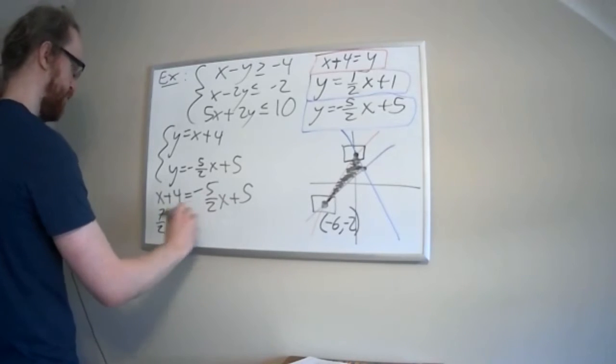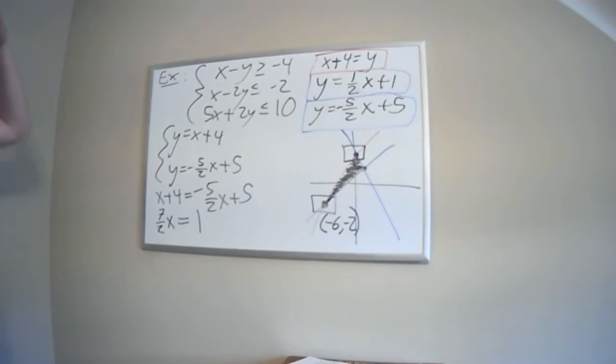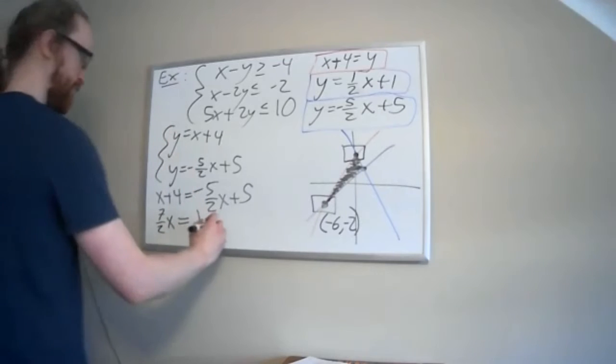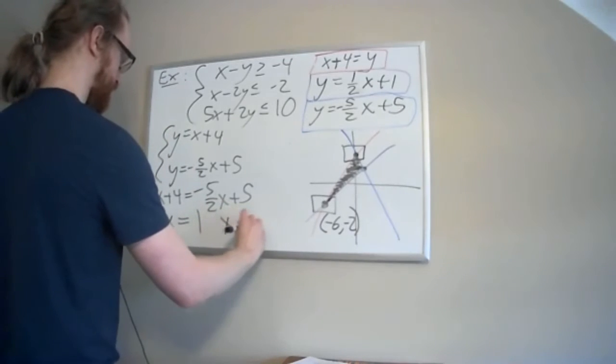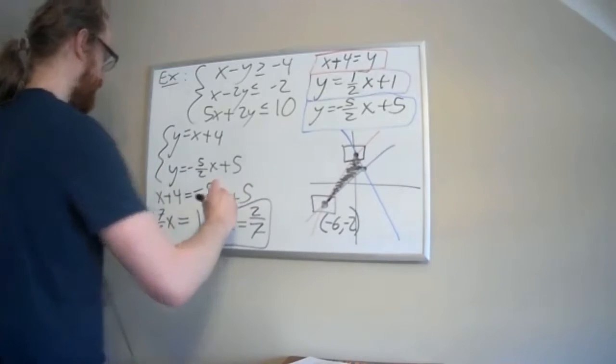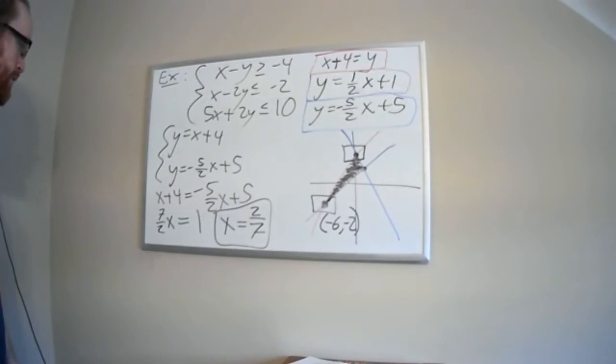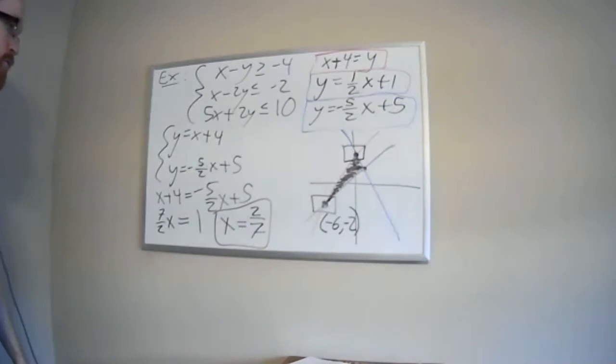And if I subtract 4 from both sides, I'll get 1. So I think 7/2 x equals 1. And so I think x, again, is 2/7. If we were to divide by 7 and multiply by 2 on both sides, I should get x is equal to 2/7. If I did this correctly, which I think I did this time. So it looks like x is 2/7.